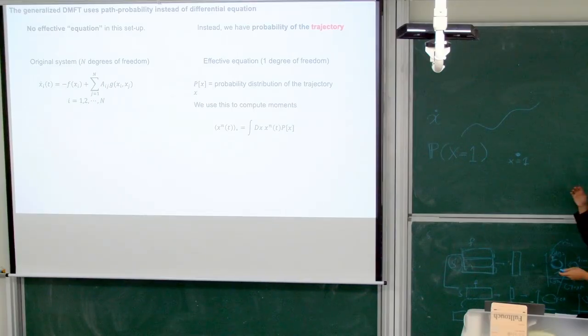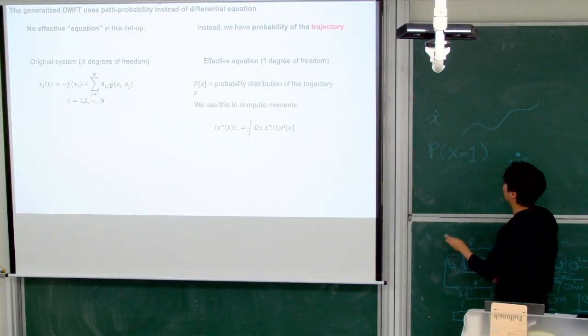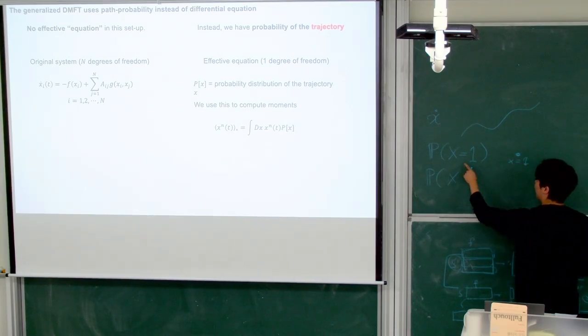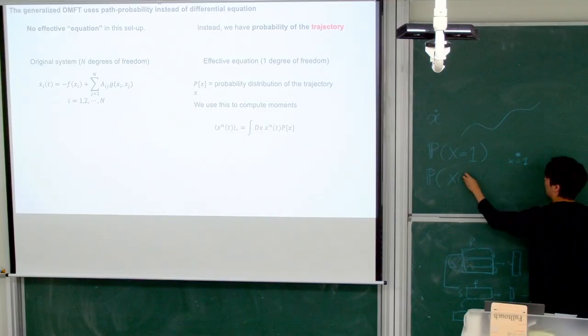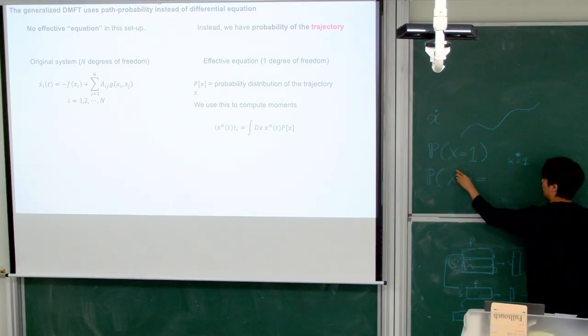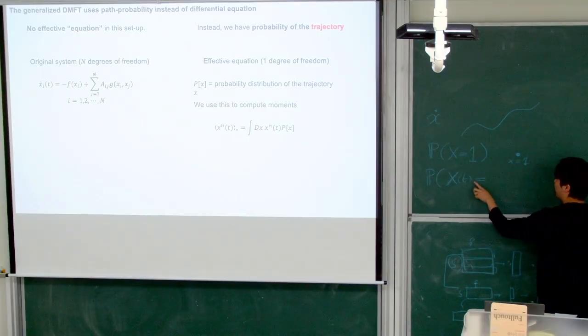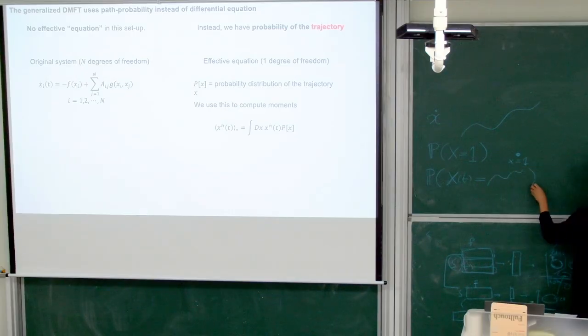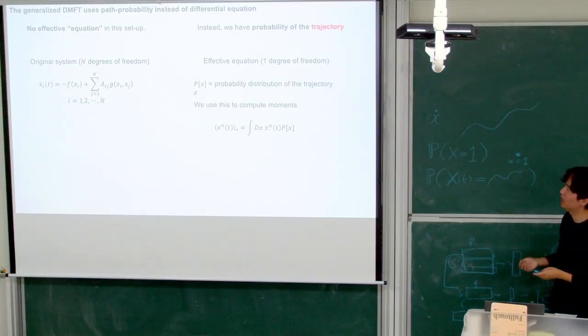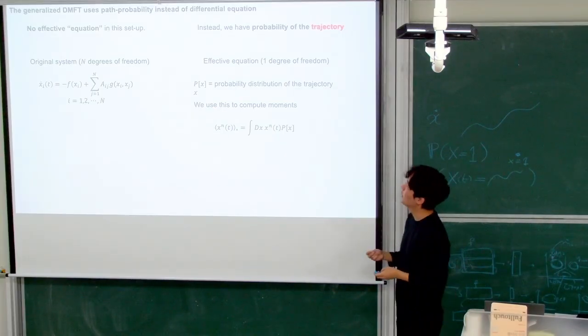But here, the path probability means that instead of a number, you have a whole trajectory like this. You compute the probability that the trajectory is drawn like this. This is the path probability. So what do we do with this?